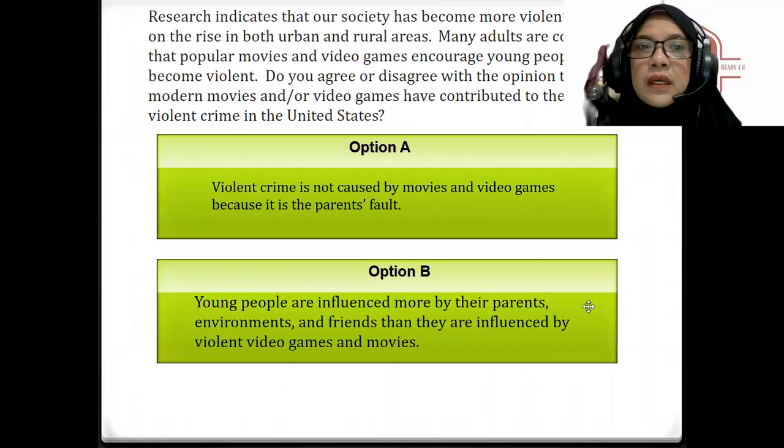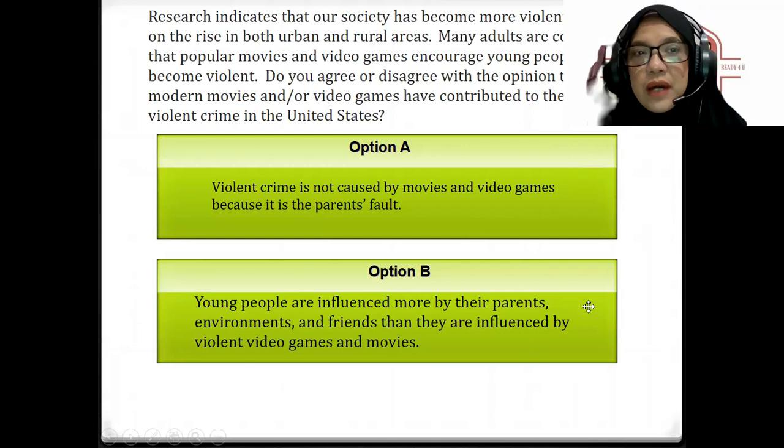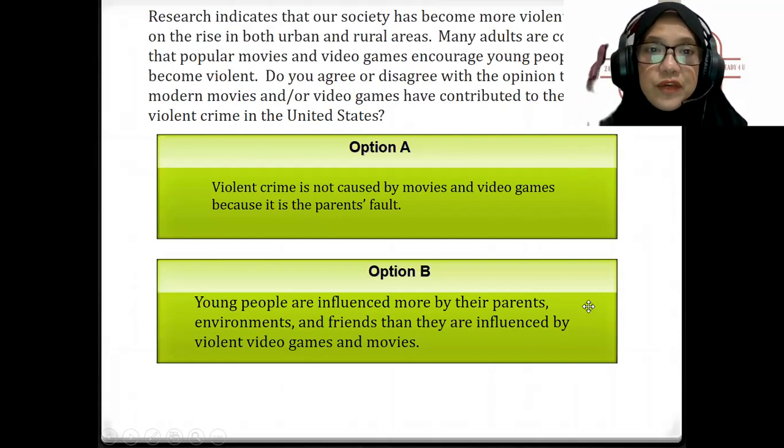Okay. Research indicates that our society has become more violent. Crime is on the rise in both urban and rural areas. Many adults are convinced that popular movies and video games encourage young people to become violent.